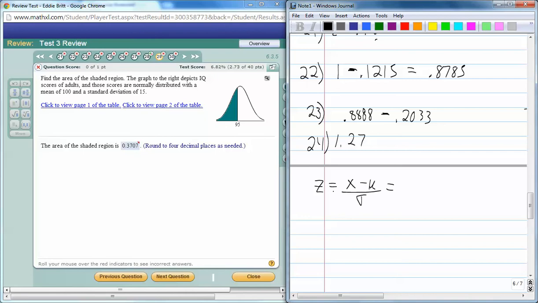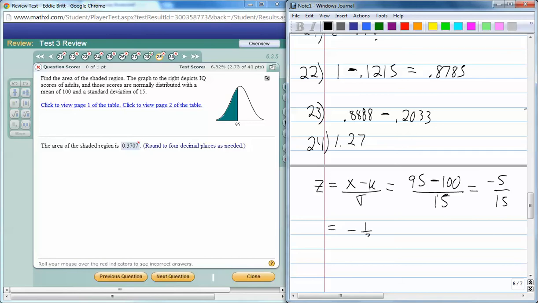So if we want to find our z-score, we have 95 minus, we were given in the problem that the mean was 100 and that the standard deviation was 15. Alright, and so that'll be negative 5 divided by 15, or what is that?